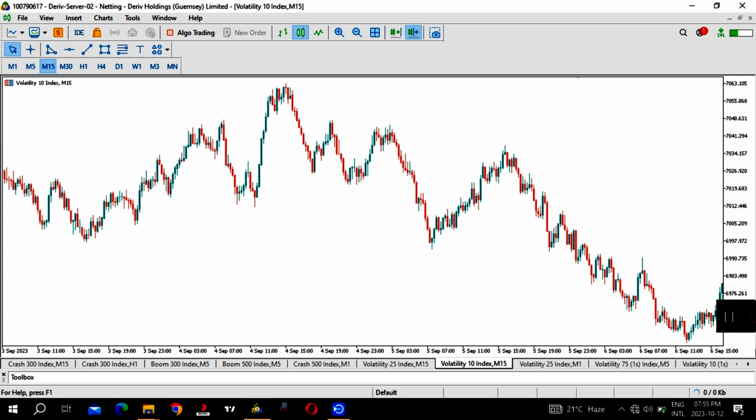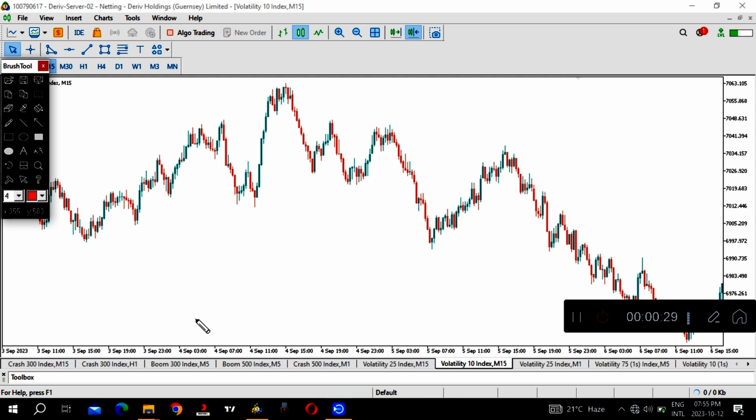Let me just explain what it is first before I go into what I want to say. Let's say that the market is rising, or let's say it's falling because this color is red. So the market is falling, and when it's falling, the market also always has pullbacks. We all know that. So right over here, there's a pullback, and it started over here.